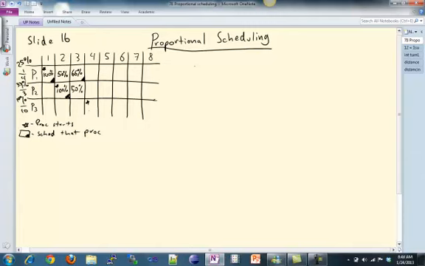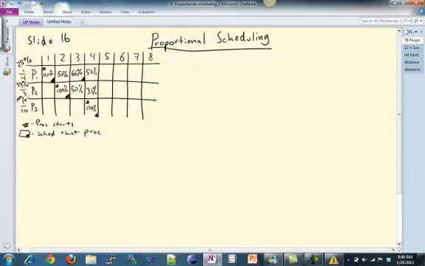And since 0% is way less than the 10% that it asked for, we want to pick process 3 to run. Okay, so process 3 gets 100%. Process 1 has run 2 out of 1, 2, 3, 4 times, and so that's 50%. And process 2 has run once out of 3 times, and so that's 33%.